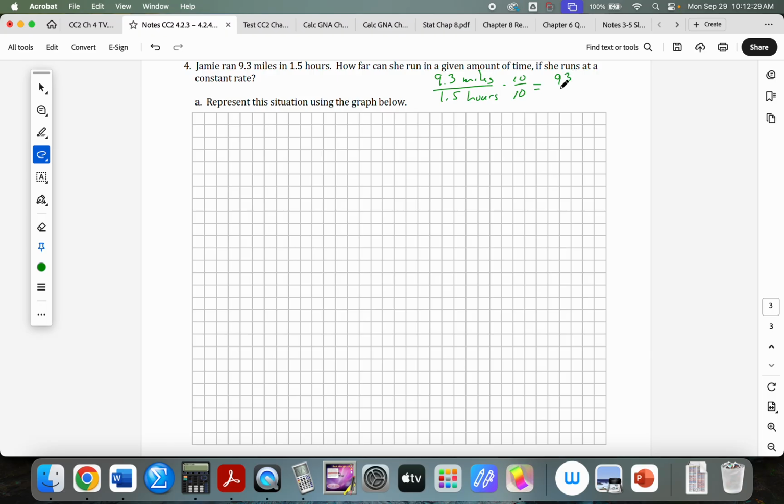So that'd be 93 miles in every 15 hours. And that is somewhat reducible, at least. What are both of those evenly divisible by? 3. So it'd be 31 miles in every 5 hours.